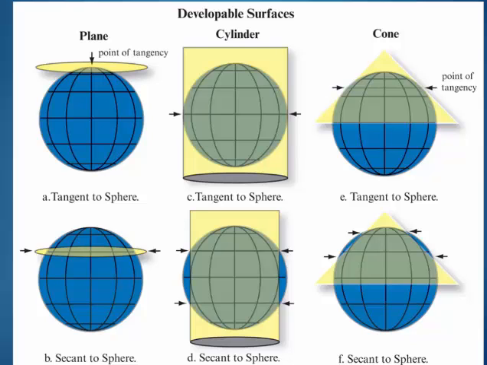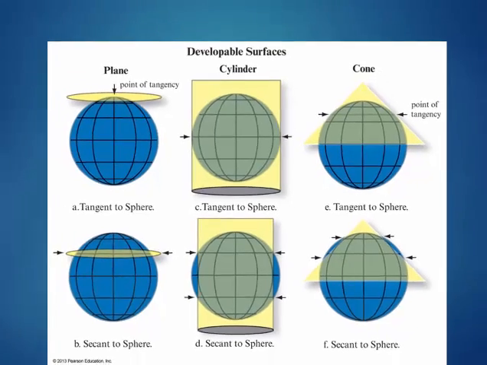In all of these examples, there's only one point or one line, depending on the method that we used, in which there is no distortion. As you move further away from the point or line, the distortion increases. We use the developable surface to classify different types of projections.